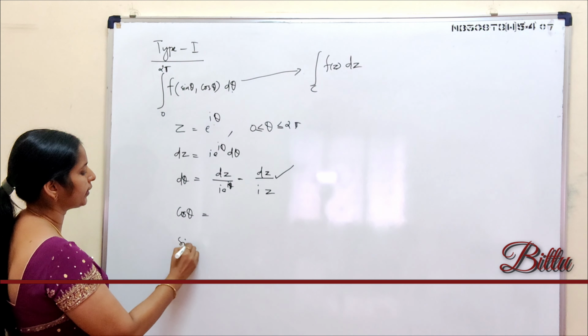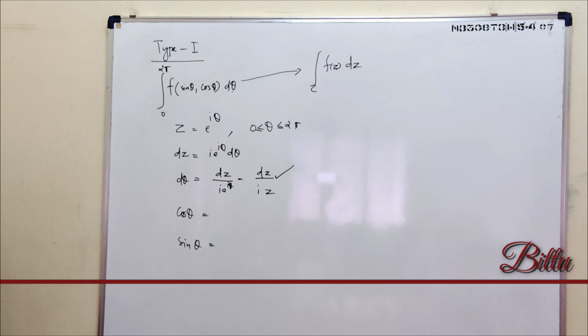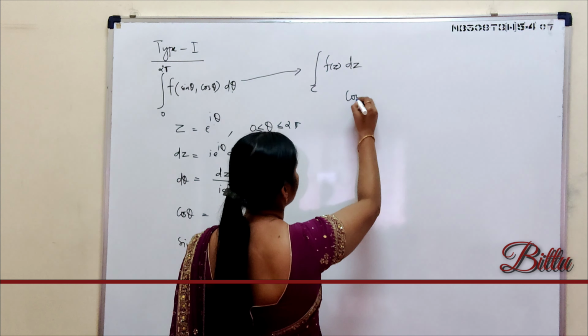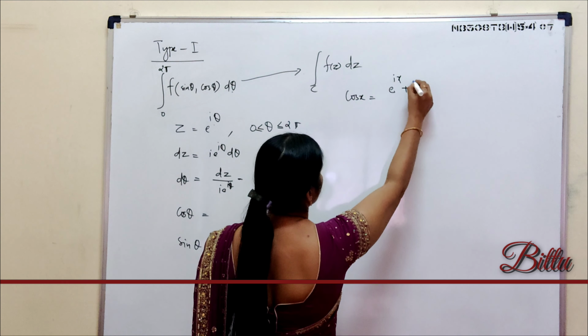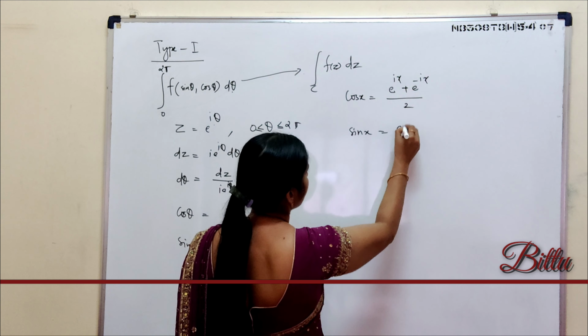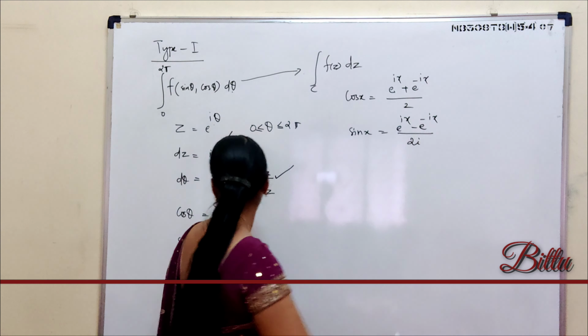Next we have to replace cos theta in terms of z and sin theta in terms of z. We know cos x in terms of exponential function is e raised to ix plus e raised to minus ix by 2. Sin x is e raised to ix minus e raised to minus ix by 2i.